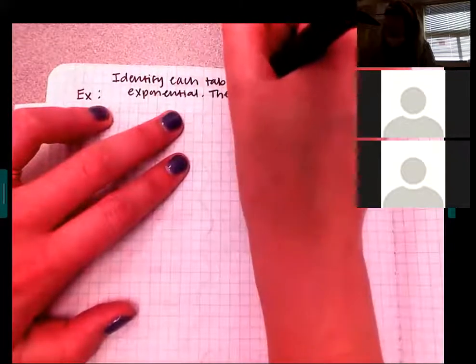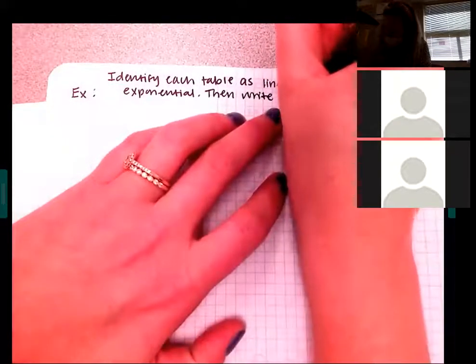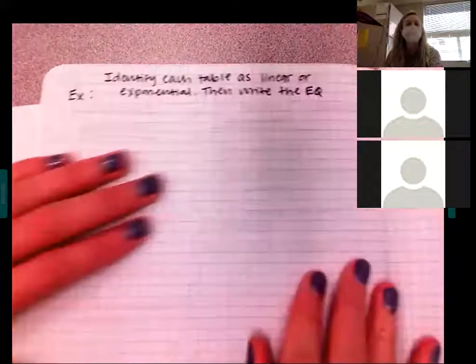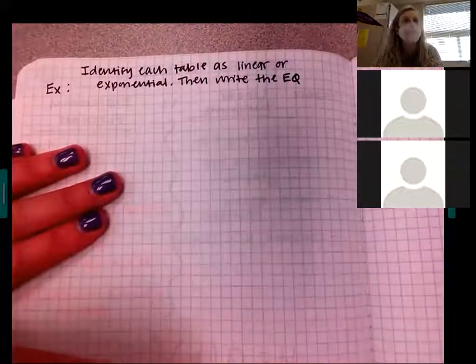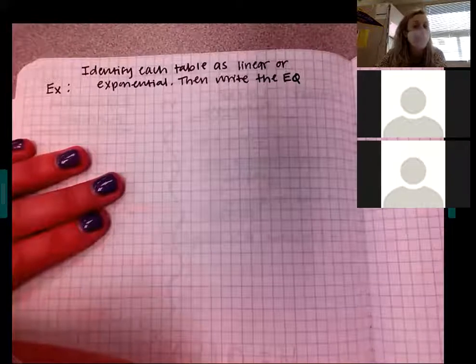Then write the equation. And this is the last thing we're going to do today. So y'all really hang with me on this last part, because these are the 2 main important things to learn. And we'll pick up with this tomorrow.